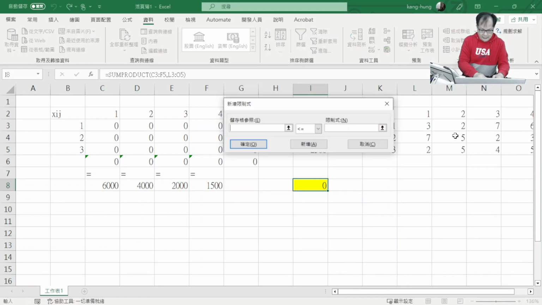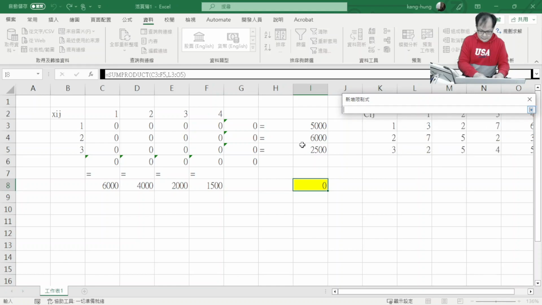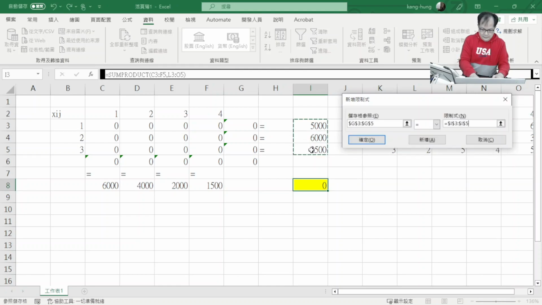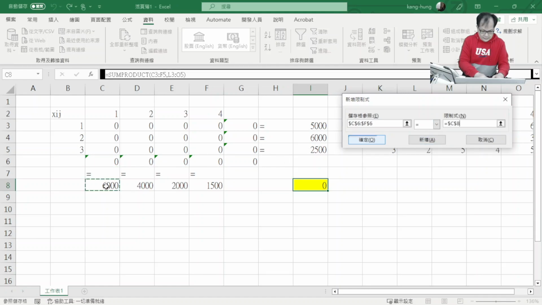And we have this supply constraint equal this one, right? And the demand constraint here equal this one, right?